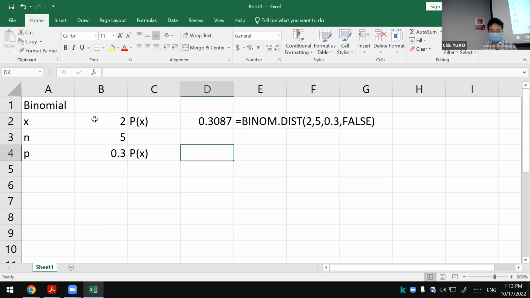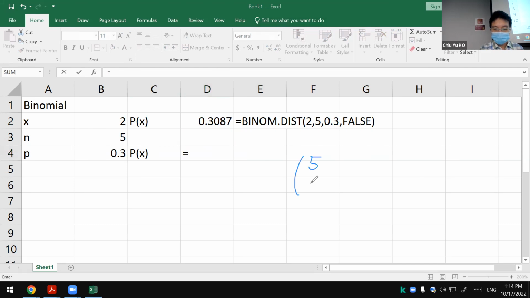If you remember, the formula is 5C2 times 0.3 raised to the power 2, times 0.7 raised to the power 3. This 0.7 is 1 minus P, and 3 is n minus x. Do you remember this formula?